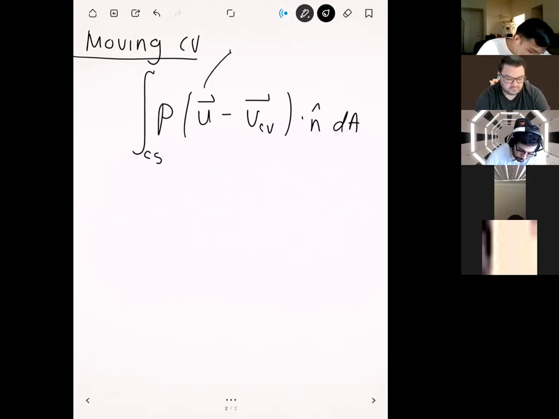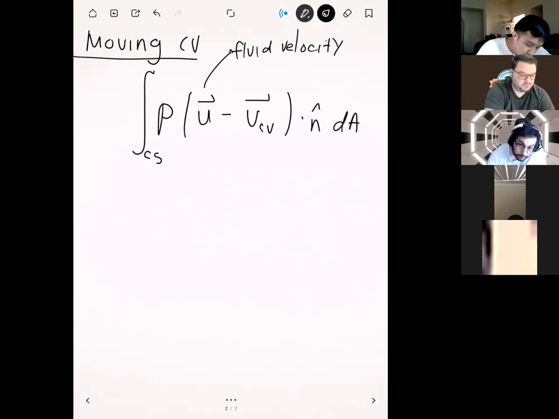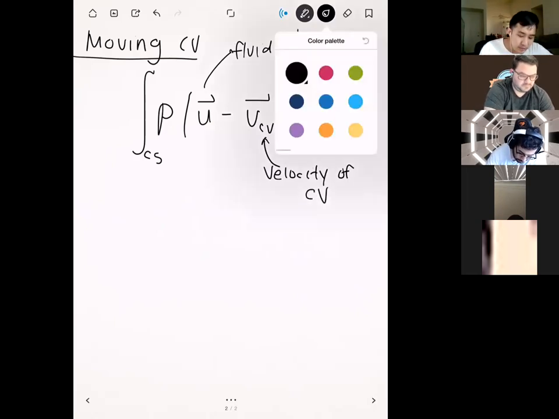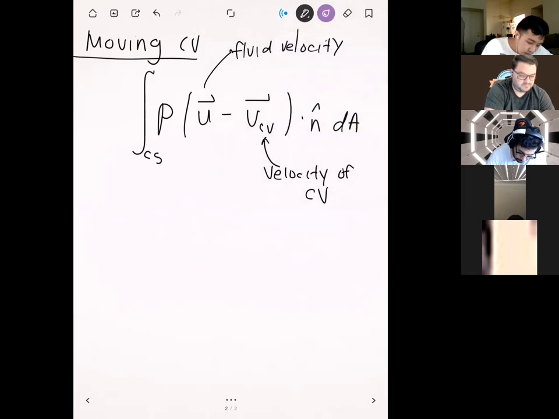Remember, this U right here is the fluid velocity. And since we have a moving control volume, this VCV right here is the velocity of the control volume.